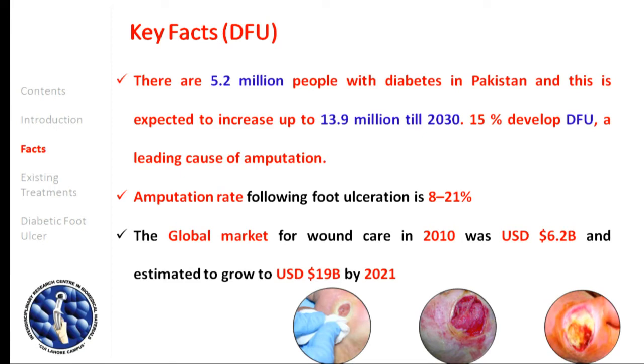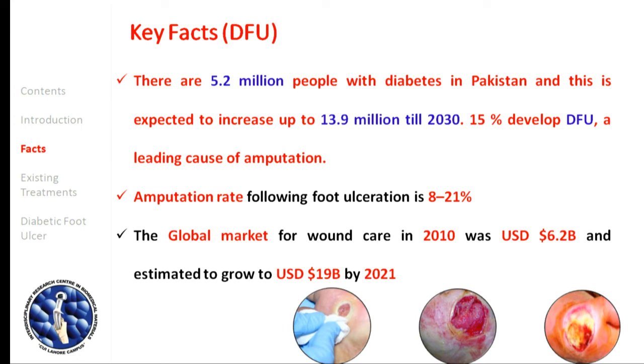So we are working in this area, trying to develop skin substitutes and dressings which can support new blood vessel formation. Looking at diabetic foot ulcer cases in Pakistan at the moment, there are more than 5.2 million people with diabetes. 15% will get diabetic foot ulcer, and out of these, the number is 8 to 21, but some reports say 25% go on to amputation, the cutting of the leg.